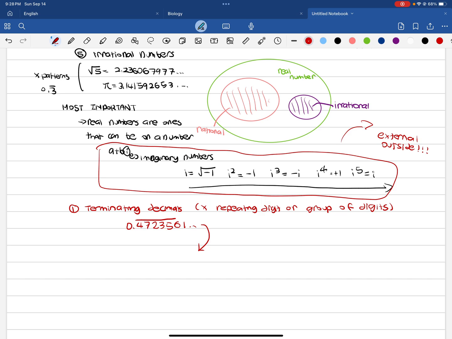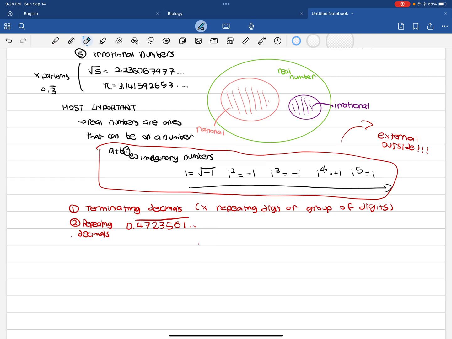So I can just go like that, which means that it would repeat infinitely, and this one would be classified as repeating decimals. Okay? Terminating decimals are things like 0.47, and repeating decimals are things that go on for infinity, guys.